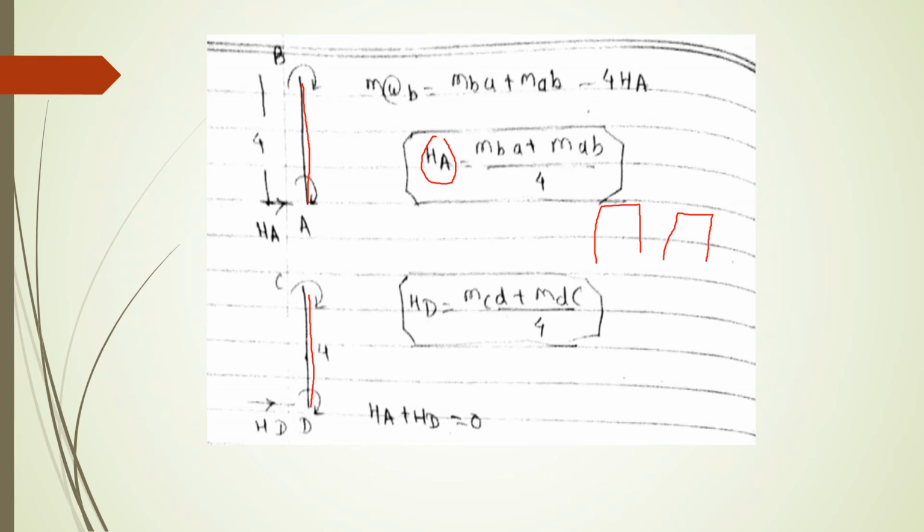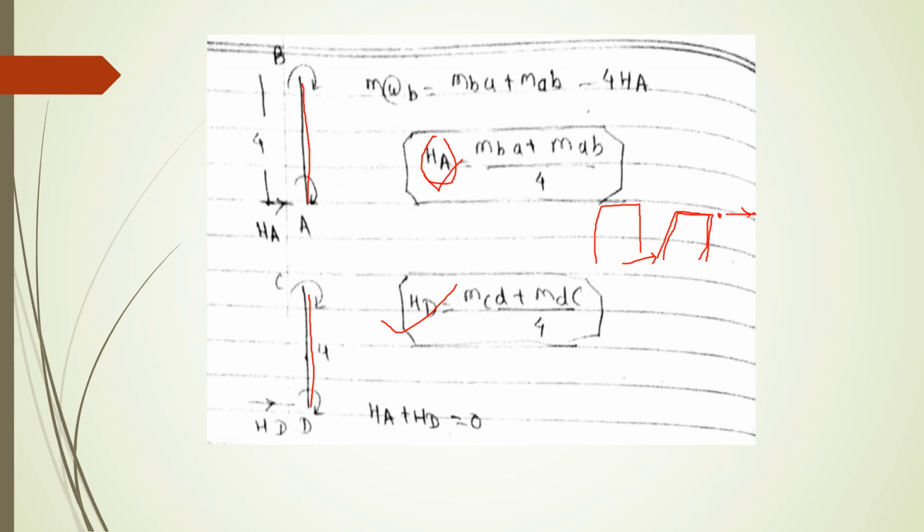It may deflect in such a manner, so there will be some forces towards left or towards right. Means there is existence of a horizontal force also. So it is necessary to find out these values HA and HD, by which we will get the value of delta deflection. So these are assumed directions.